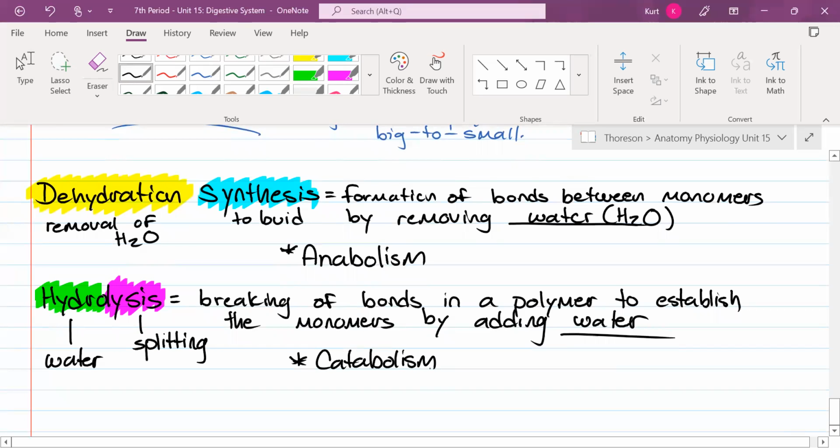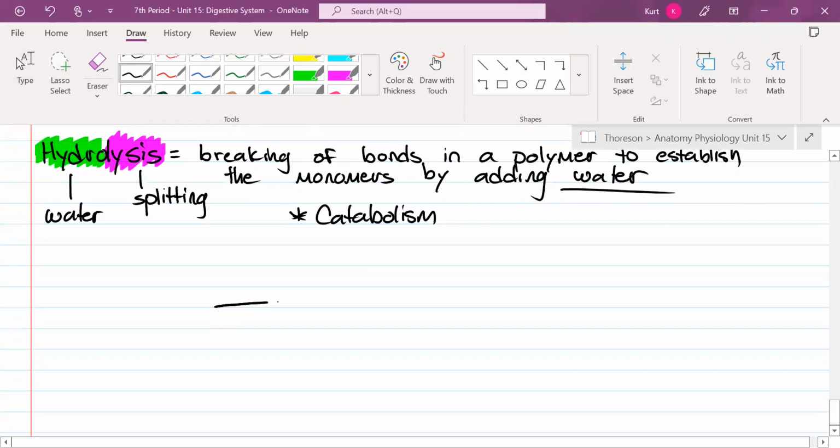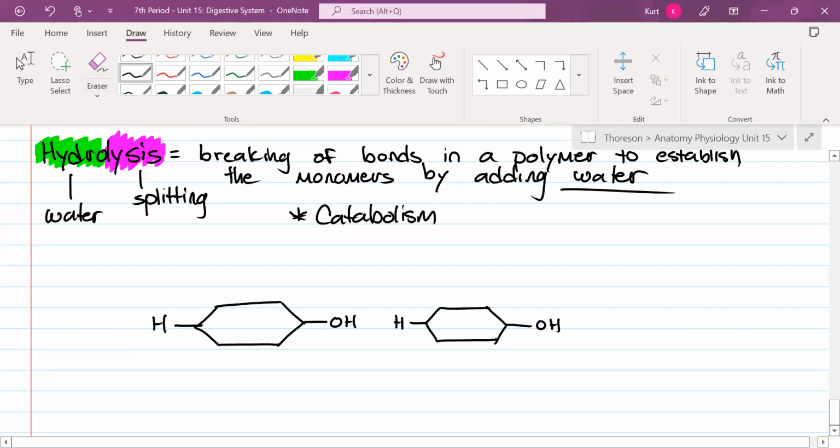So I have to show you how this actually happens. I'm going to put two individual molecules here. All right, so this is monomer A. Yeah, this is monomer B. I have two separate monomers, two individual building blocks.